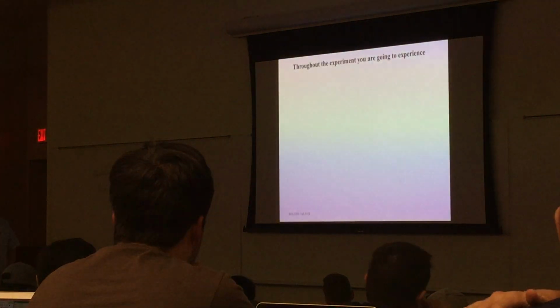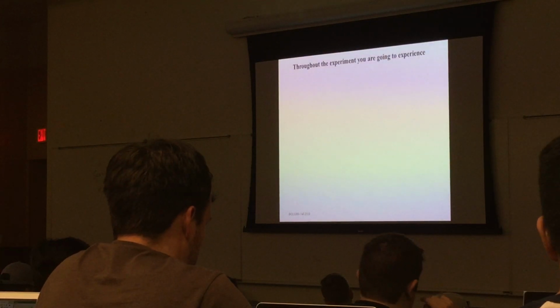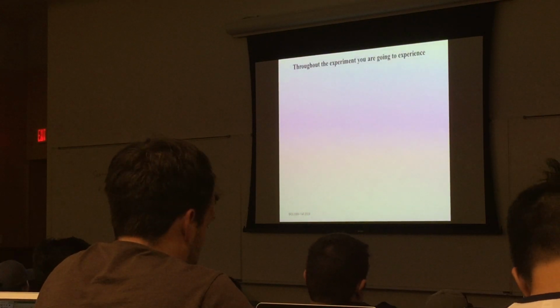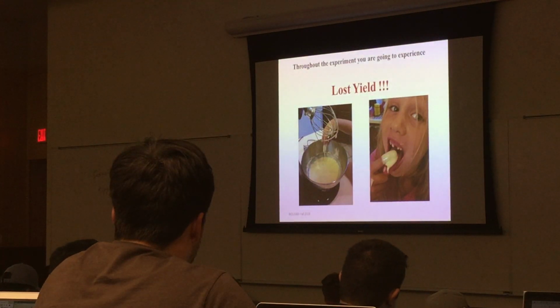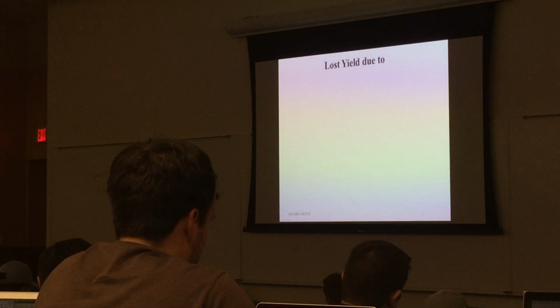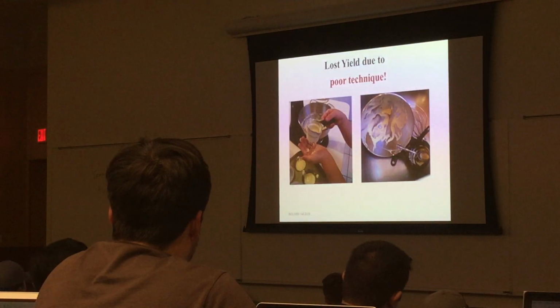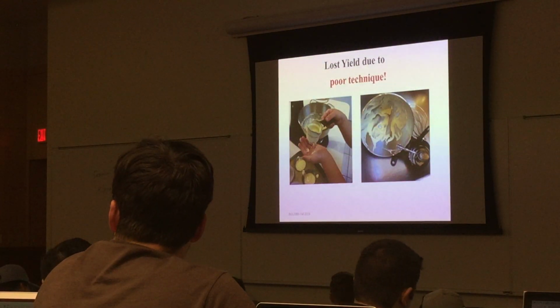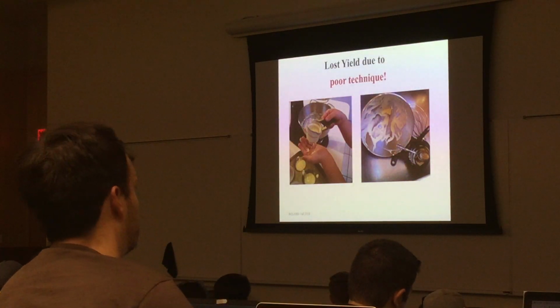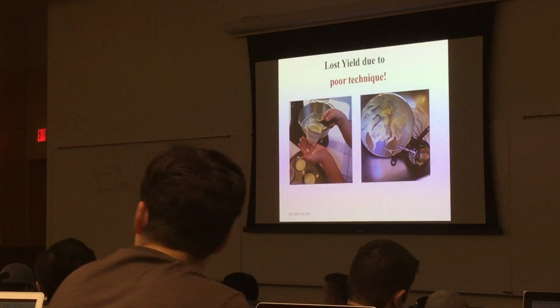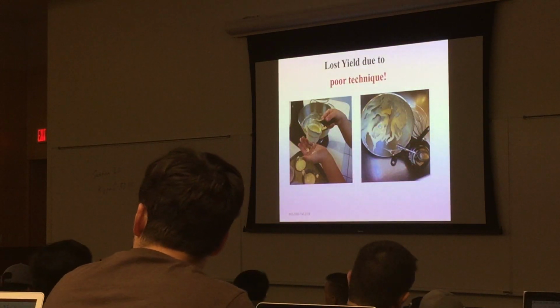All right. So throughout the experiment, you're going to experience some things like lost yield. Okay? That's always going to happen. You're going to have lost yield due to poor technique. All right? I see students that leave stuff in their centrifuge tubes, like the bowl on the right. What is that? And I know some of you say, that's a golden opportunity to get an extra lick.